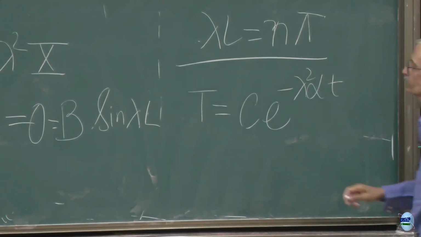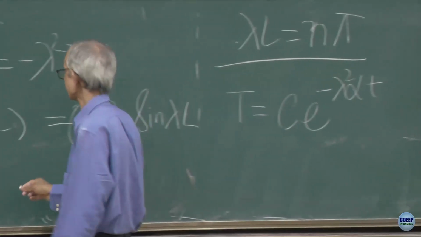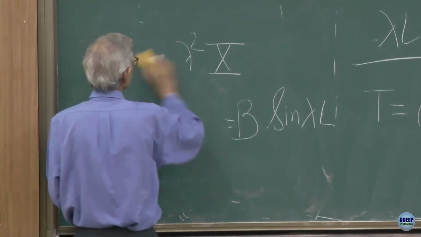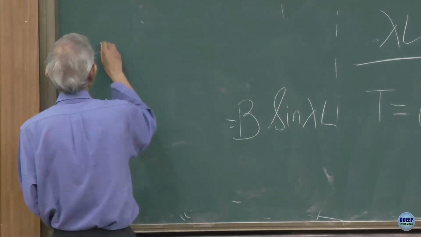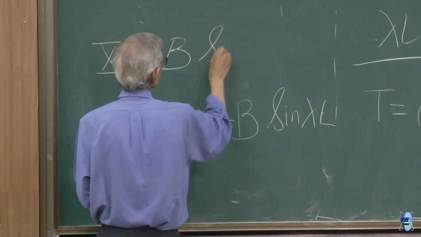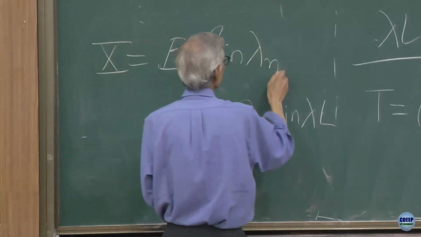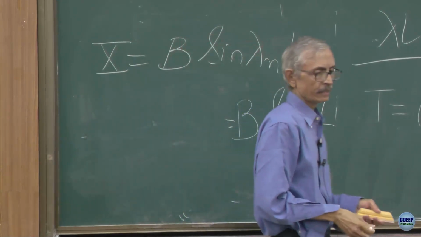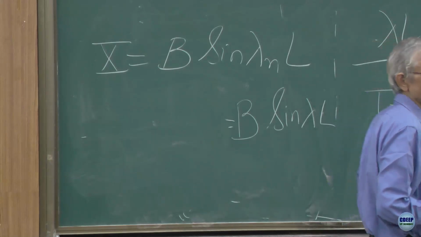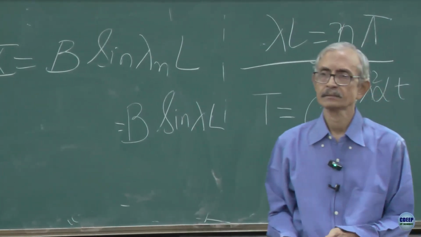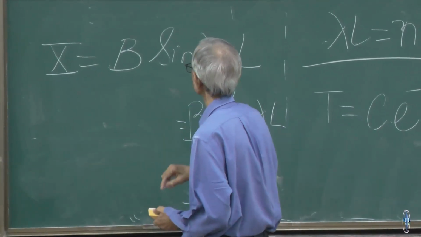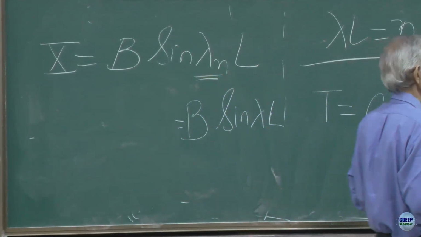That's what the T came out as, and the X now has come out as B times sine of lambda n x, where lambda n is going to be equal to n pi by L. So I know what my lambda n is, so it looks like I got my solution.